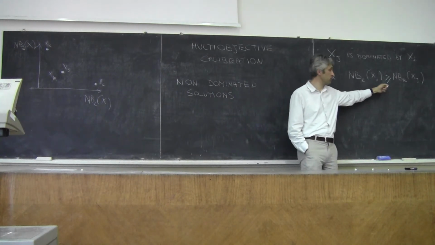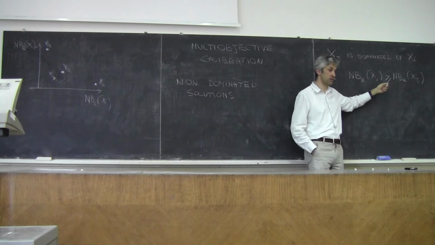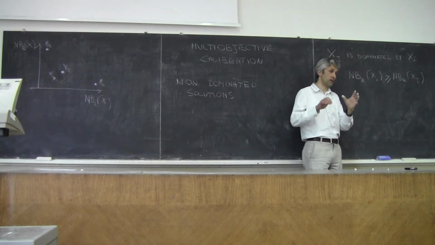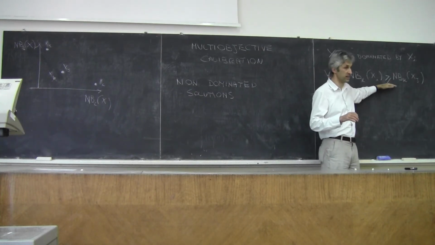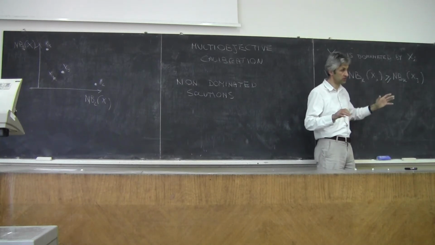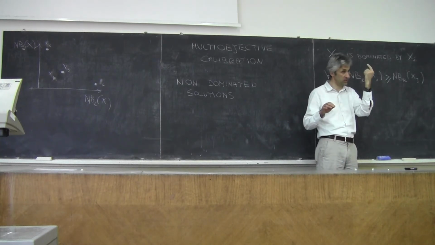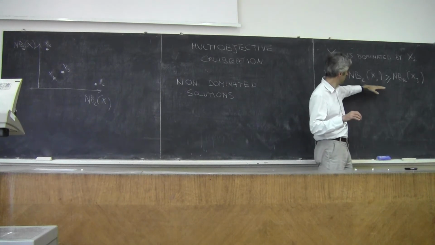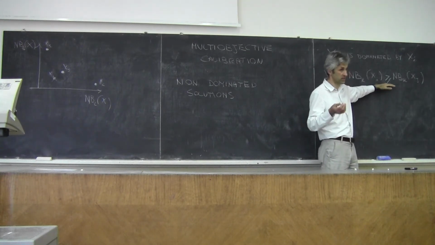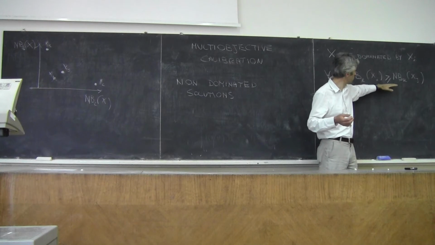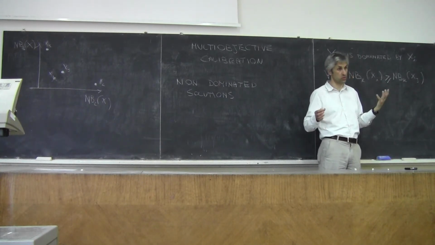So here I have to put the greater or equal sign because I can't require that all the benefits are greater. It just suffices that one benefit is greater. But if all the signs are equality, then I can't say that the solution is dominated.